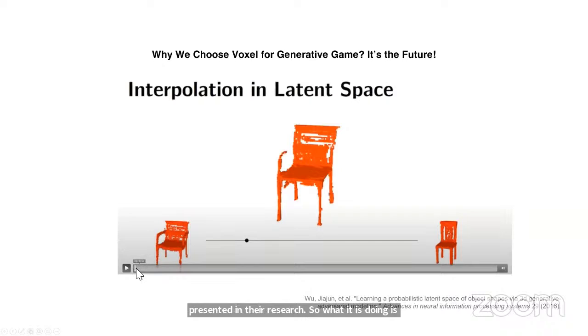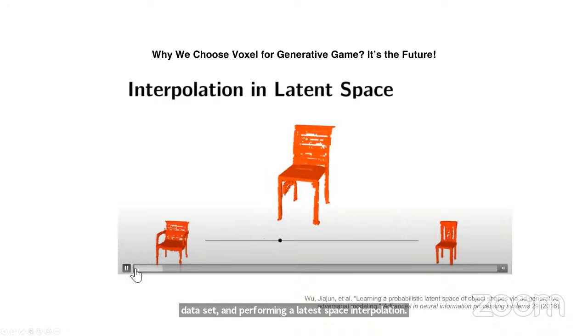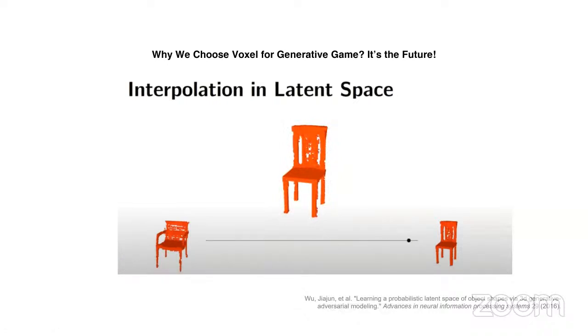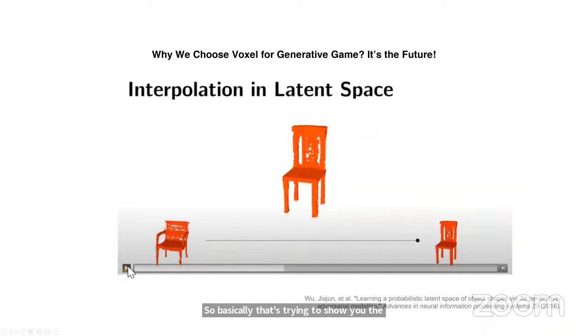The first one is the intra-class interpolation, where the researchers take two voxelized chair models out of their dataset and perform a latent space interpolation between the two different shapes. This is what we usually call a latent walk in the latent space of GANs. Basically, it shows you the visual interpolation process between two different shapes.